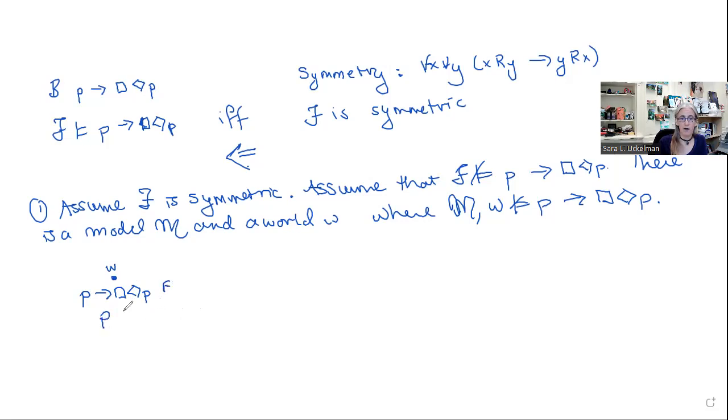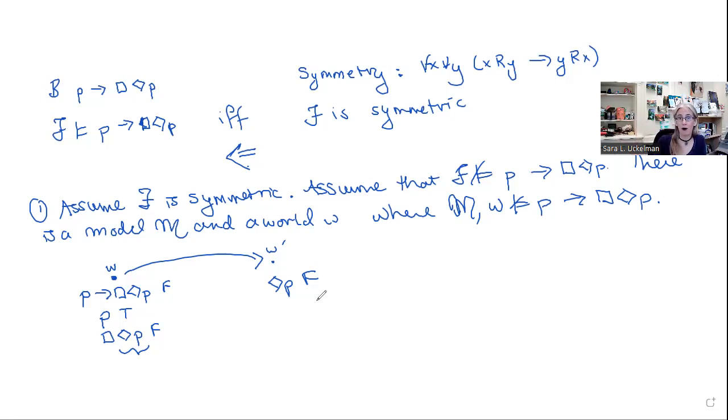This is a conditional. That means that the antecedent is true and the consequent is false. Now, in order for a necessity claim to be false, there has to be some world that it can see where the bit that's supposed to be necessary is false. So what we've got is possibly P has to be false at W prime. Now, this isn't ordinarily a problem because who knows what W prime can see?